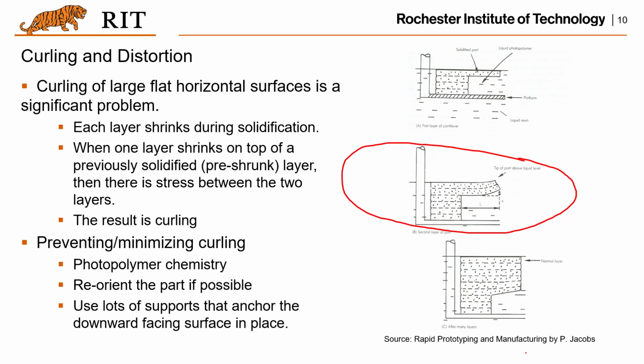That's why if you print something like this, with a surface pointing downward, there could be a tilted shape or distortion. So you definitely want to find the material which has the least curing shrinkage, such that you could avoid a large surface distortion when printing the part.